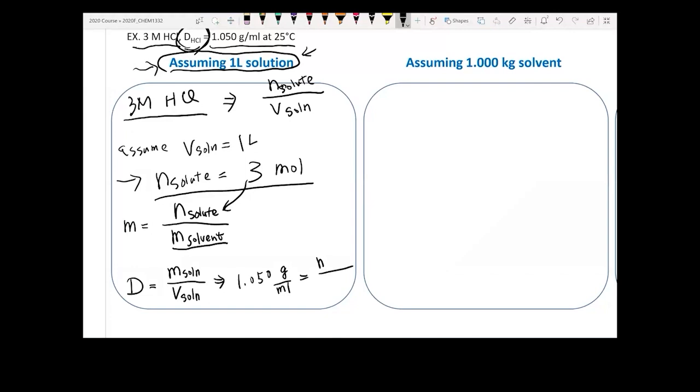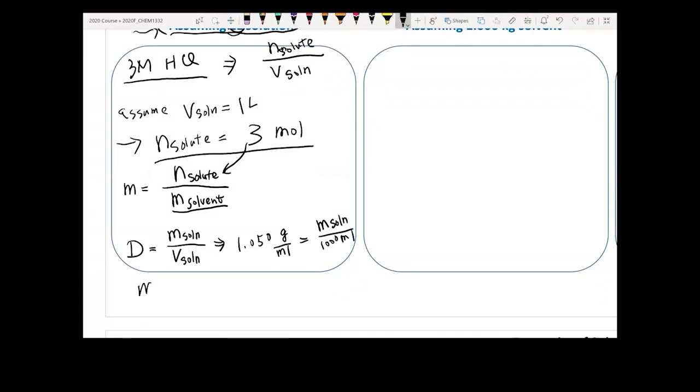You don't know the mass of your solution, but you do know the volume, because we assumed it's 1 liter, which is 1,000 mL. So the mass of your solution is 1,050 gram. But that's not what you are looking for. You're looking for the mass of your solvent.